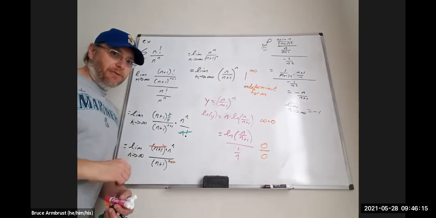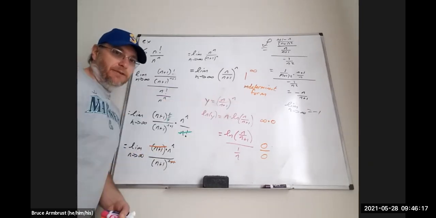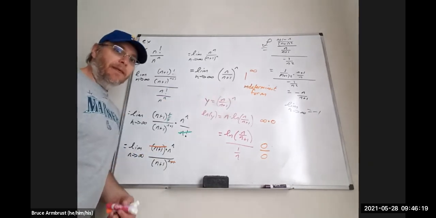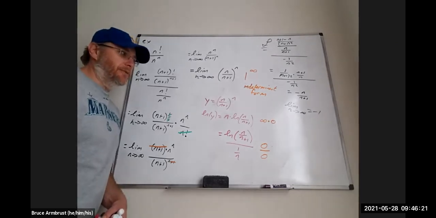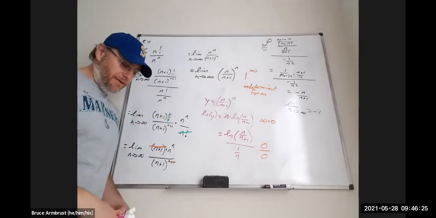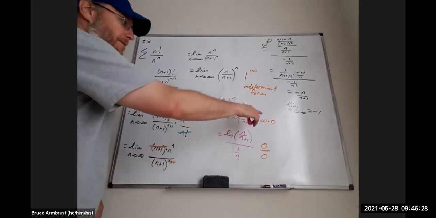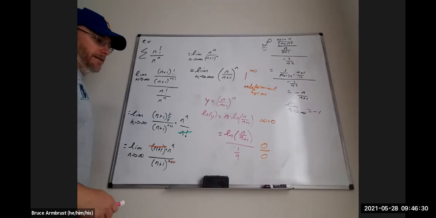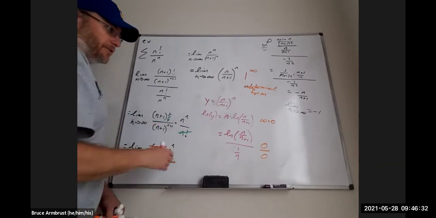And before you jump to, okay, that's less than 1, it converges, realize that this isn't actually the limit we're looking for. This is not the limit you're looking for. This is the limit of the natural log of y, right? We took a natural log.